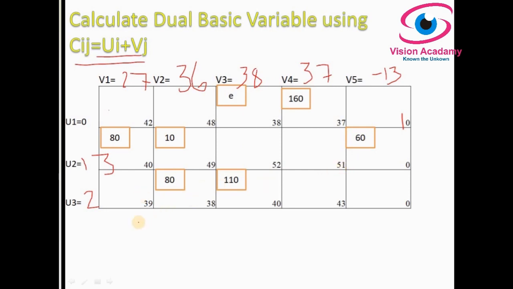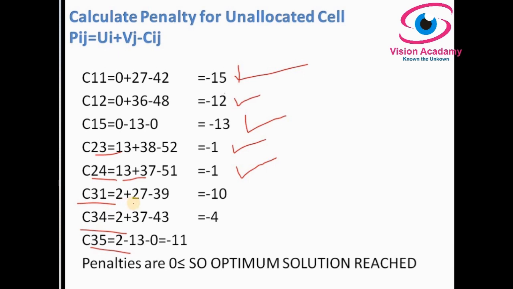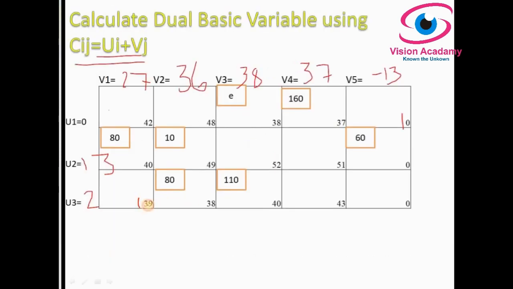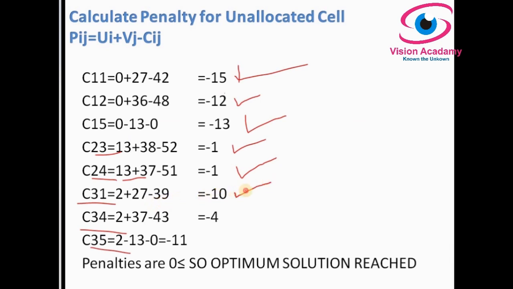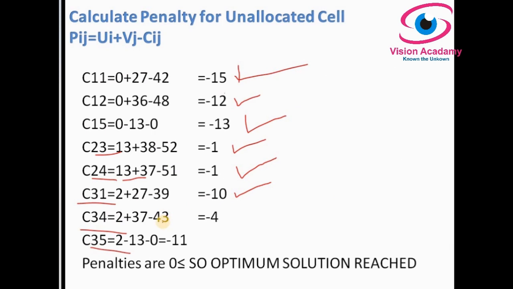And again C31: the u3 value is 2 and the v1 value is 27. So 2 plus 27 is 29, minus 39, Cij is 39 here, so minus 10. And C34: the u3 value is 2, the v4 value is 37. 2 plus 37 is 39, minus 43, it becomes minus 4.